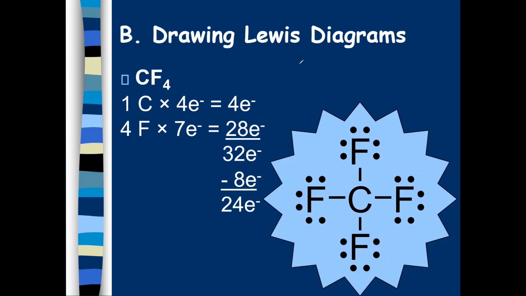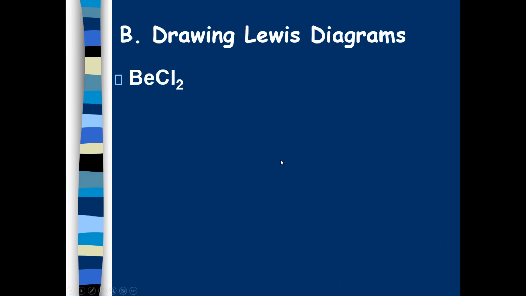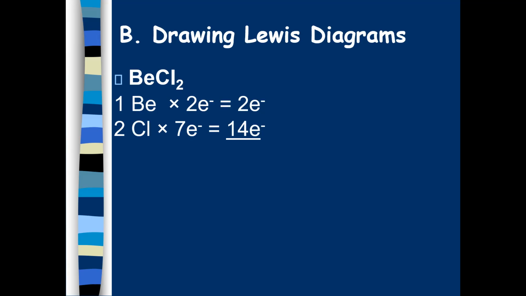Now, let's go to another one. Let's do beryllium chloride. Beryllium has 2 electrons, and there's 1 of them. Chlorine has 7, and there's 2 of them. So a total becomes 16. Now, who is the central atom?